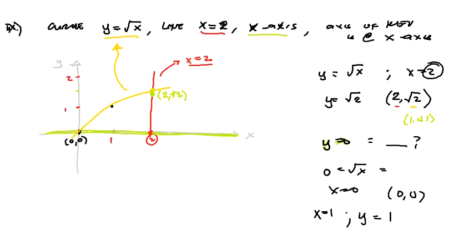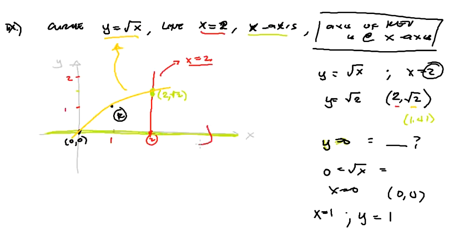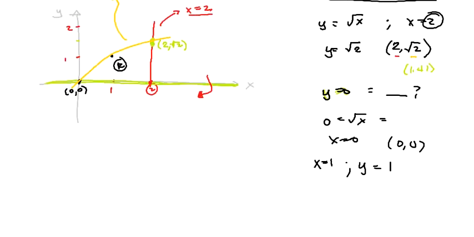Then all we need to do is to find the volume of this region bounded by the x-axis, line x is equal to 2, and the curve y is equal to square root of x. And it says here that our axis of revolution is at the x-axis. So if we rotate this region around the x-axis, then our illustration will look like this.